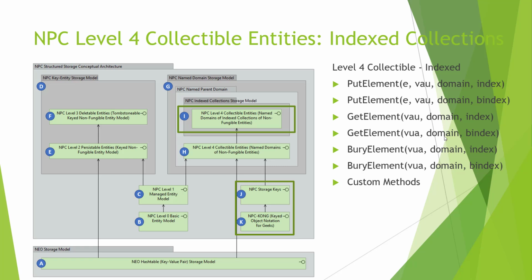You can get based on indices if you put them based on indices, and you can also bury, and then the collectible methods. And we'll see NeoCounter as an example of a class that uses all of these capabilities, and it's also packaged as a reusable entity.